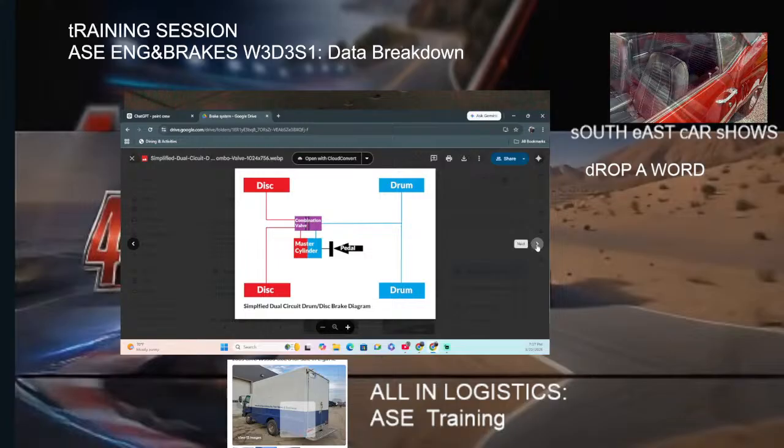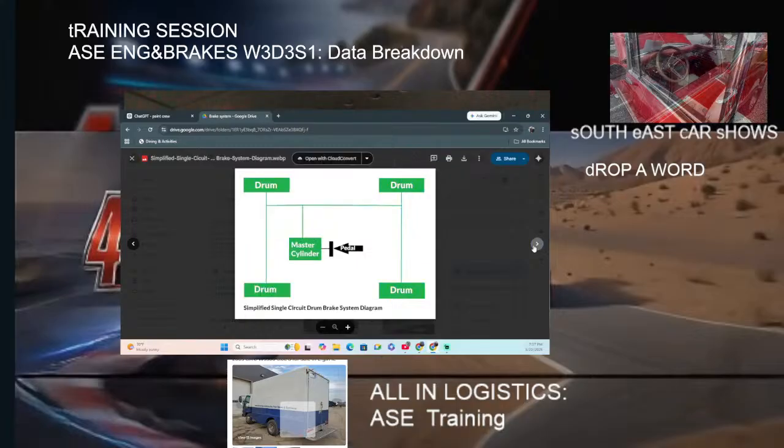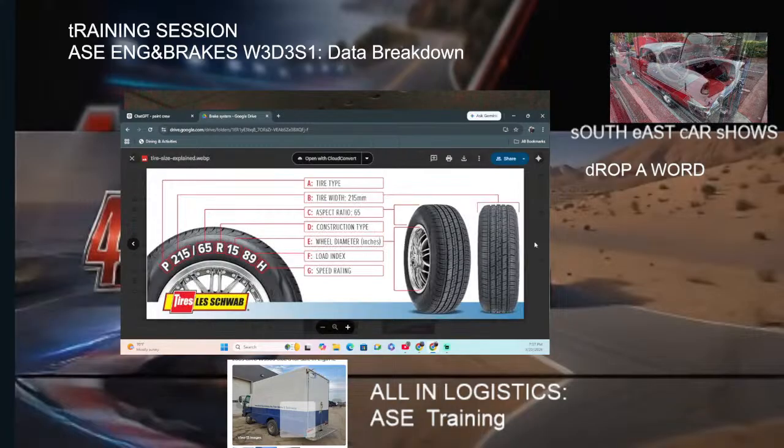It has a combination valve. And this is a simplified single circuit drum brake system diagram. So we've already talked about it a few times. This is just an easier way to look at it.